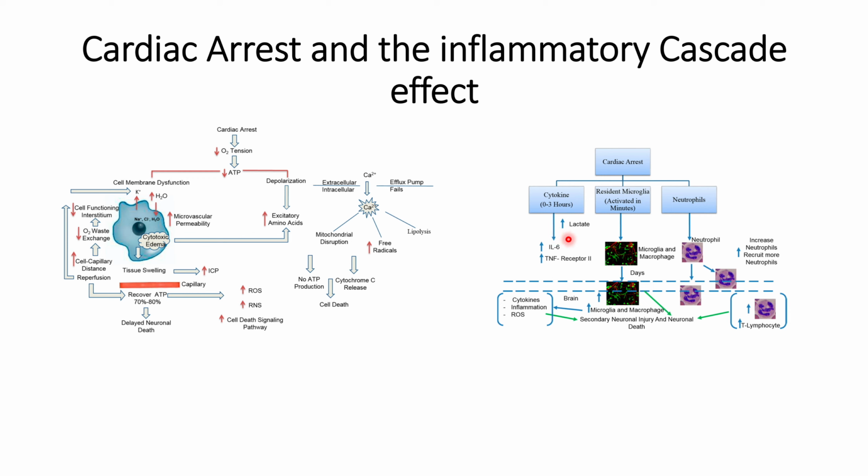So it will increase the lactate and increase the signal interleukin 6 and TNF receptor 2. At the same time, the resident microglia, which is continuously patrolling around the brain cells, will get activated within minutes, and it will take care of the macrophages that are being produced near the brain.